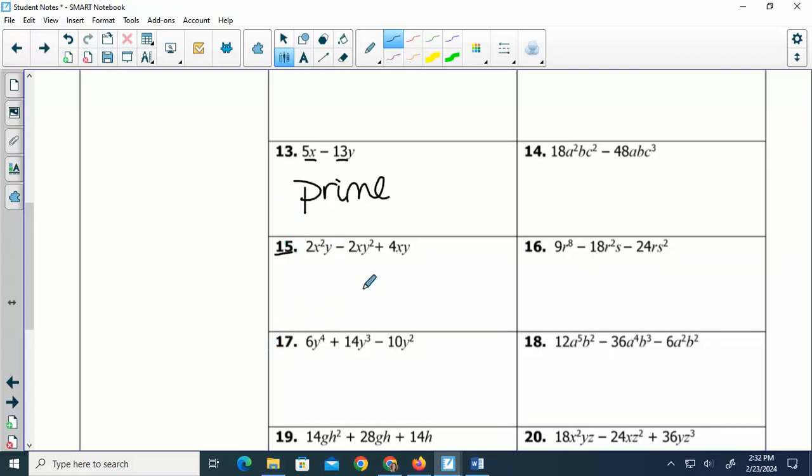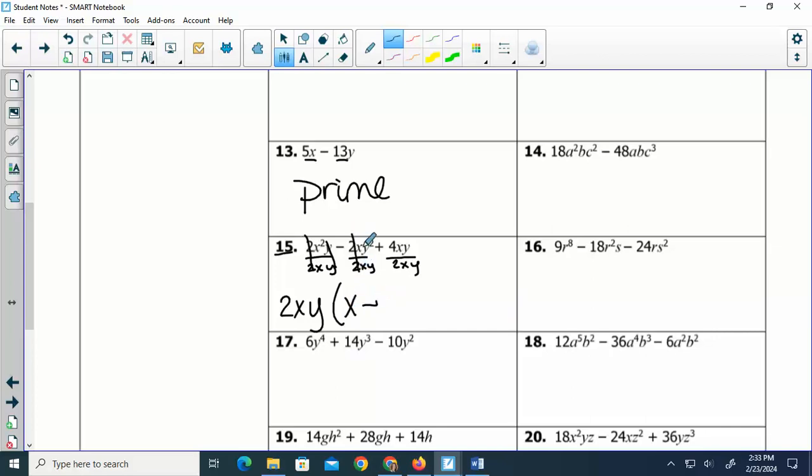If I look at 15, now I have 3 different terms. So start with your numbers, 2, 2, and 4. So we can take out 2. Look at your variables. What do they both have? So it's like dividing each of these by 2xy. So in the first one, the 2's drop, the y's drop, x squared divided by x is x.